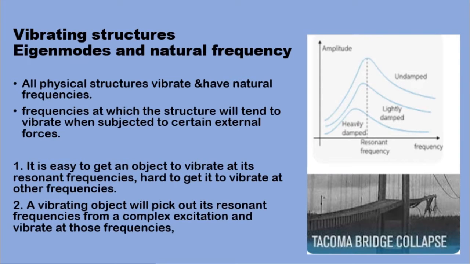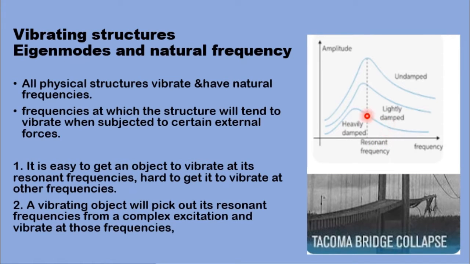All physical structures can and will vibrate preferentially at their natural frequency. That is a frequency dictated by the physical properties of that object or structure, when the amplitude of the vibration will be maximized, much higher than at frequencies below or above that specific natural frequency.